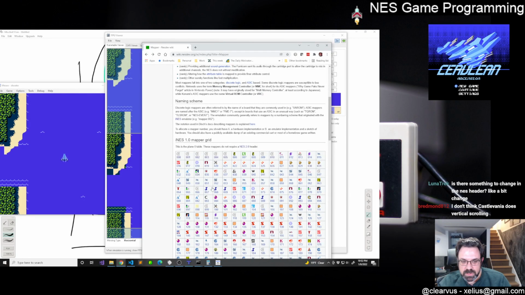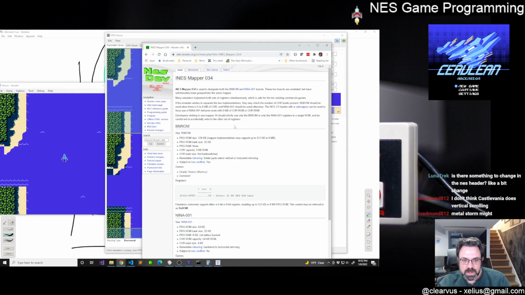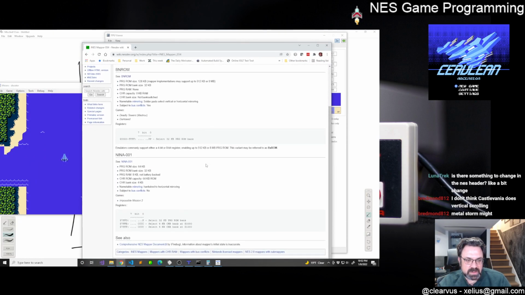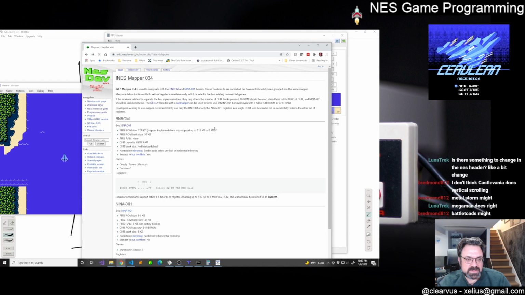For mapper 22, which is what I'm using, which is 34... let's see. I forget what it lets you do. I think it lets you choose it dynamically, so nametable mirroring. Oh, no, that's the wrong one. Solder pads are selected, so that is hardwired.